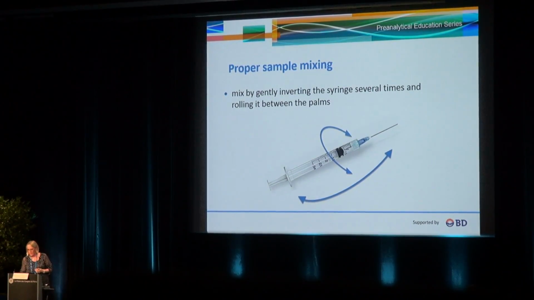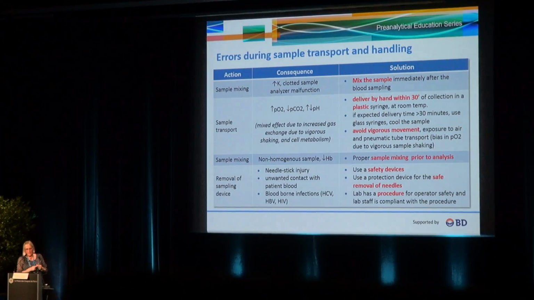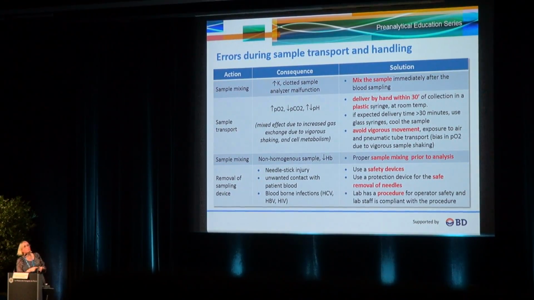So this is how you correctly mix the sample. If you do not do that, you will have clotted sample, you will have false elevation of potassium, and most probably you will also have analyzer malfunction due to clots entering the system, and you don't want that.